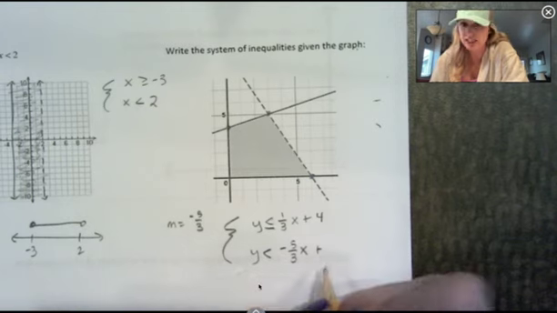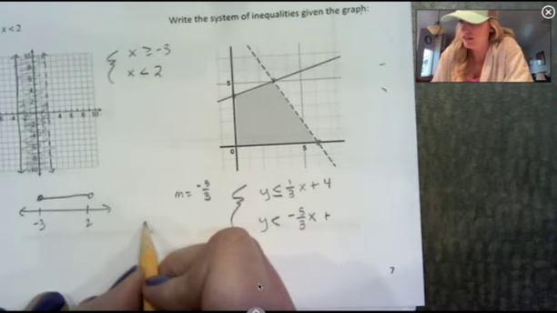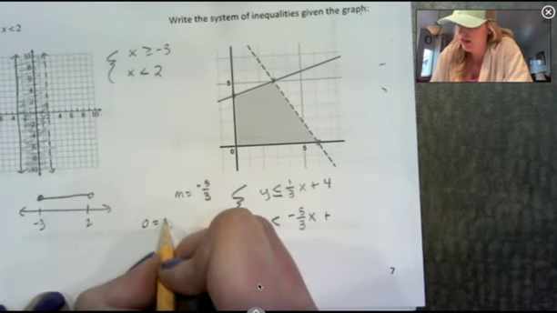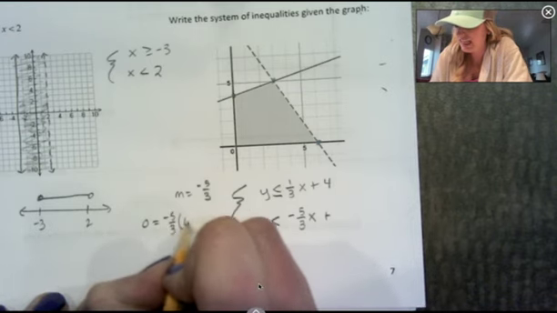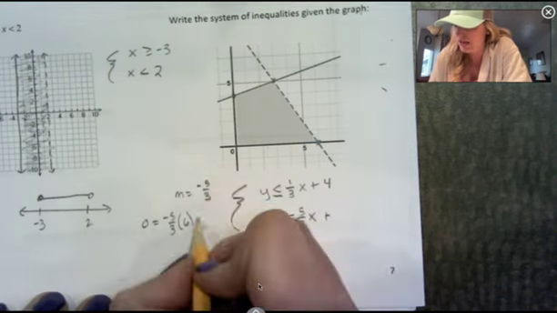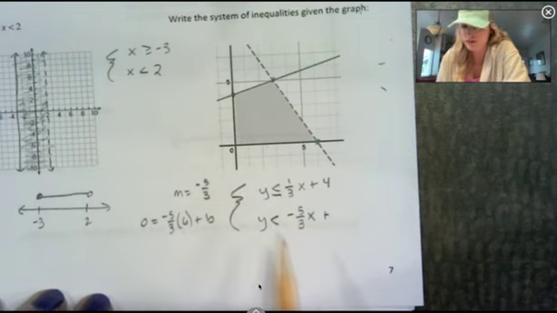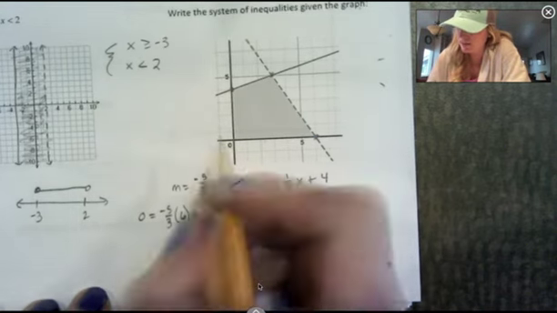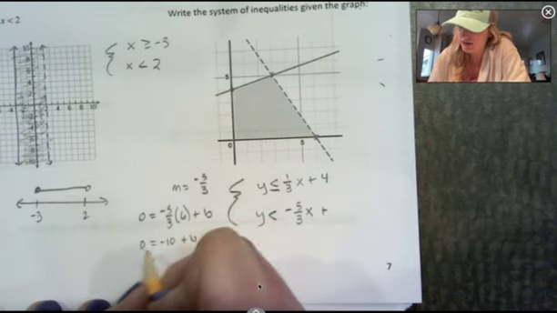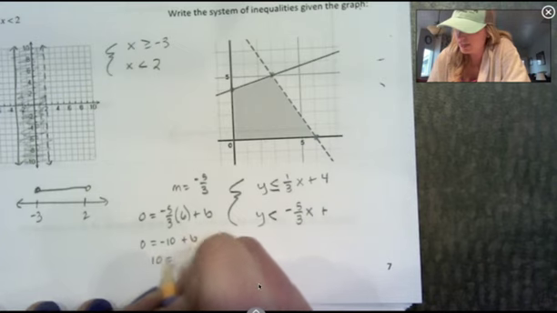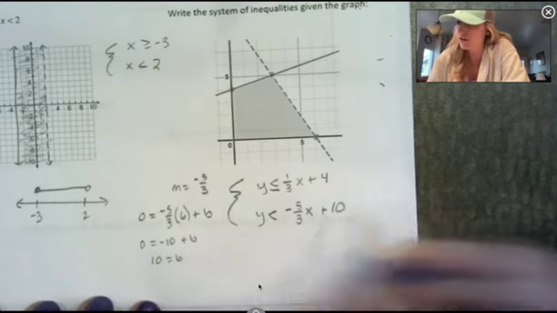So I'm going to treat it as equals for right now. So I have 0 is the y, equals -5/3 times 6. 6 is the x, and then plus b. So we're trying to solve for b here. So 6 times -5/3 is -10. So then add the 10 over, so 10 is equal to b. So then I can put in my y-intercept here.